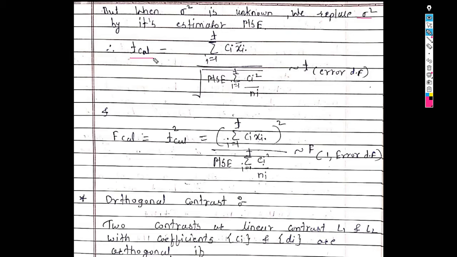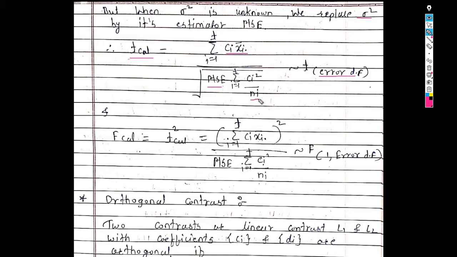We denote it by t calculated equals summation over i ci into xi dot bar upon square root of MSE into summation over i ci square upon ni, and this follows a t distribution with error degrees of freedom. So here we define this test statistic for when our sample size is unequal for each treatment.